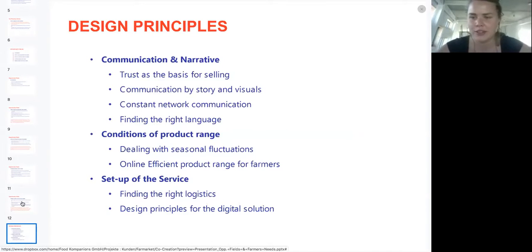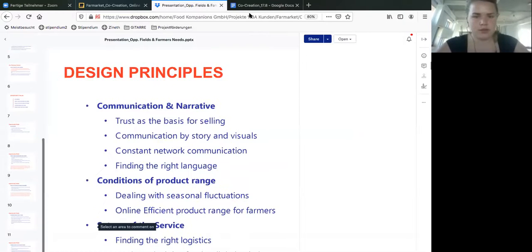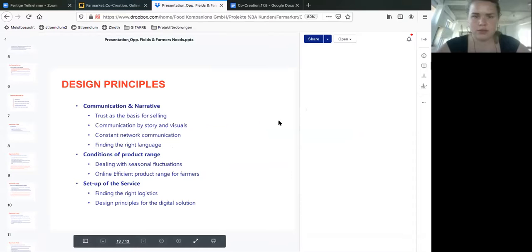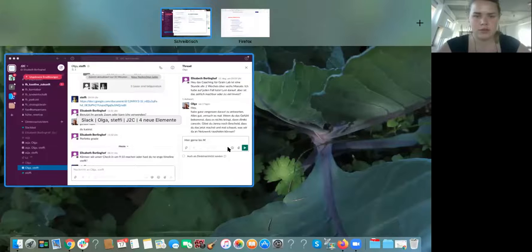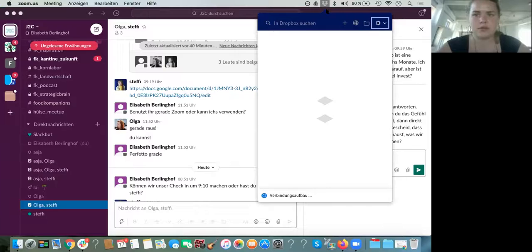Are there any questions on this? Regarding the last one, the right tool for each farmer, this is potentially a platform that will unite different tools. Sorry, can you say that again?